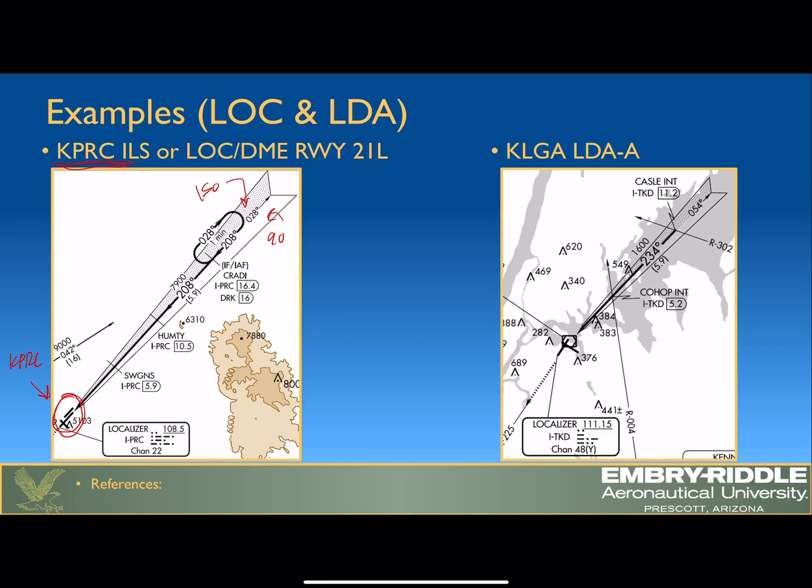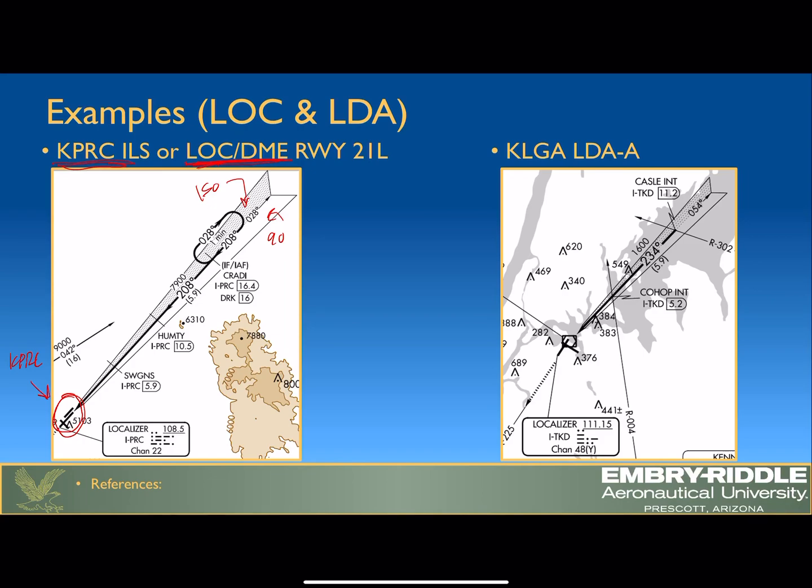Now, it says in the description, the name is the LOC. That stands for localizer, DME approach into runway 21 left. So when it says LOC, or localizer, we should know that to mean it is going to line me up precisely with the runway. So it's going to lead me right onto the runway center line.